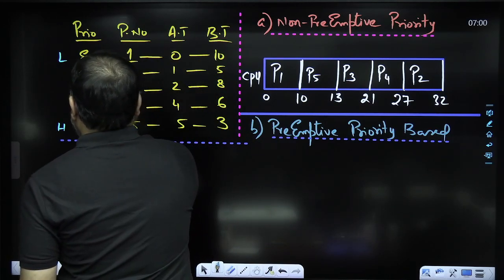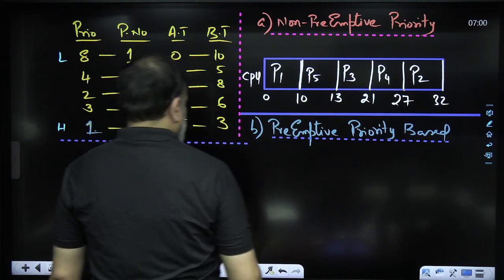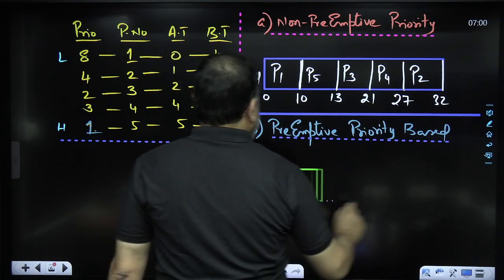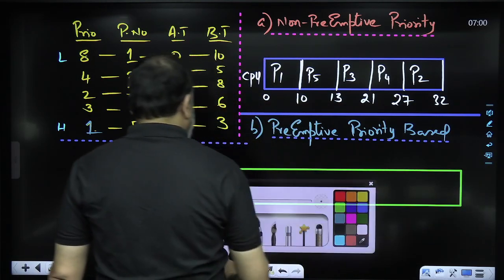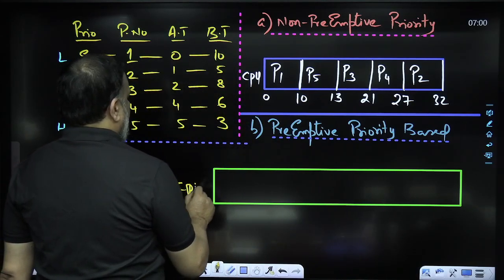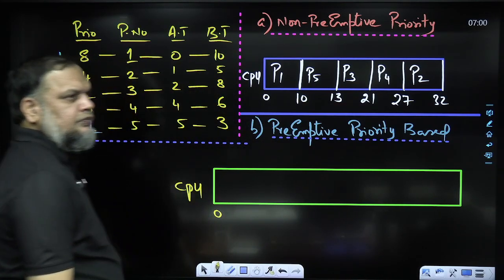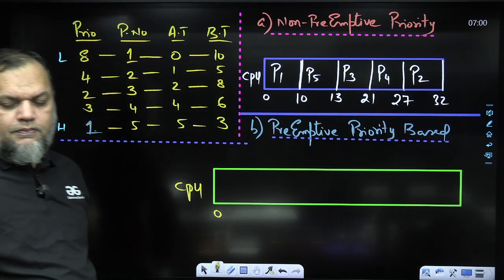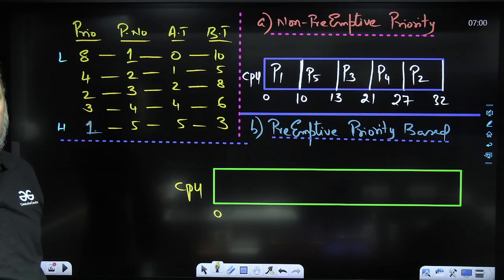This is priority 1. Fine. So let's draw the Gantt chart now for preemptive priority based scheduling for the same data set. See here on the board. CPU 0. Time moves in the forward direction, as I have been telling consistently. Is it not?